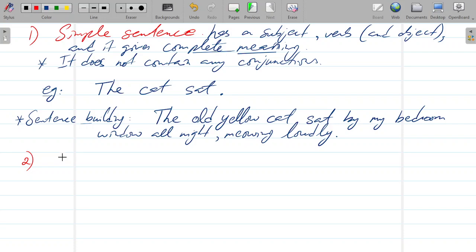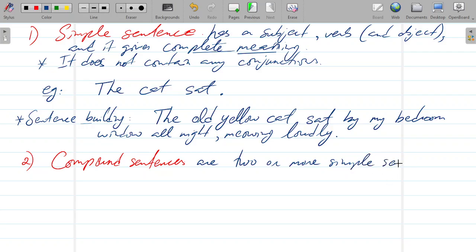Next up, a compound sentence, right? And these guys are two or more simple sentences joined together by coordinating conjunctions.